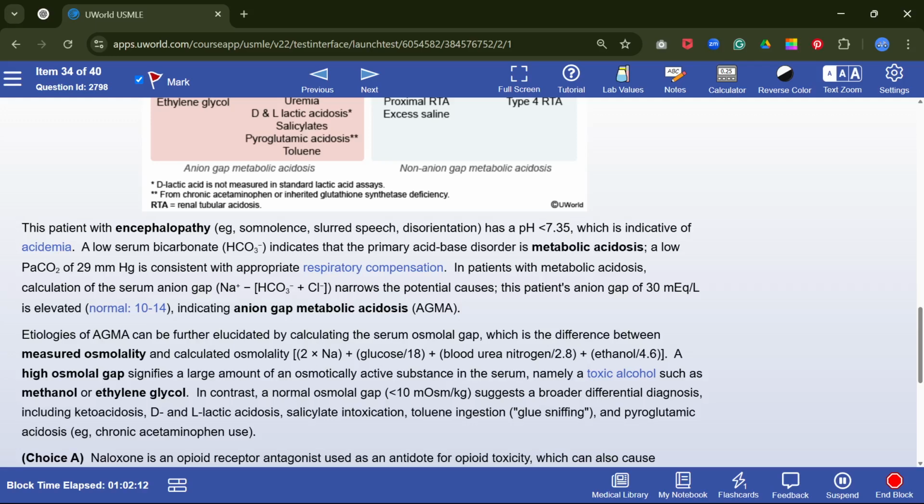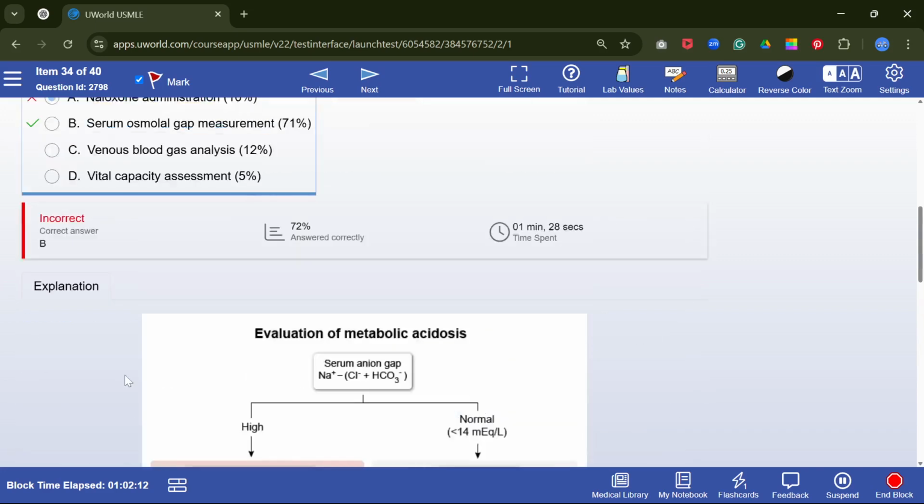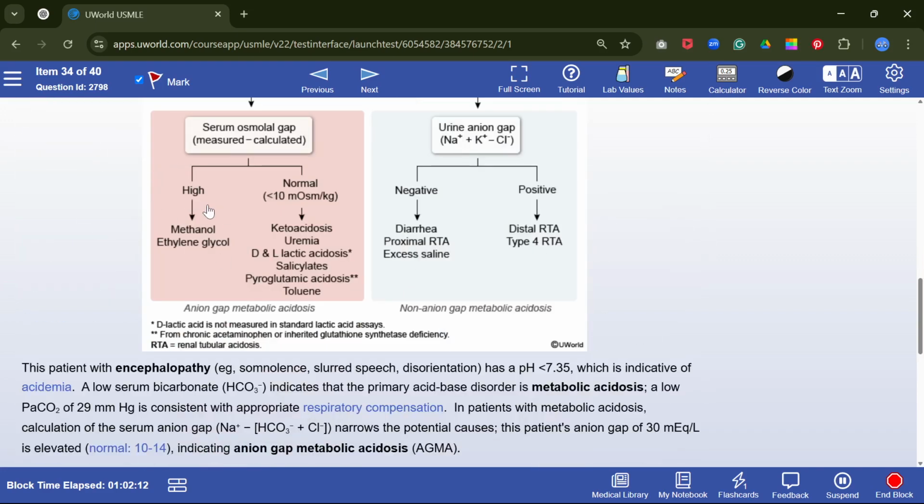So it is the calculated osmolarity. So measured osmolarity minus calculated osmolarity. If we find a high osmolar gap, a high osmolar gap is methanol and ethylene glycol.